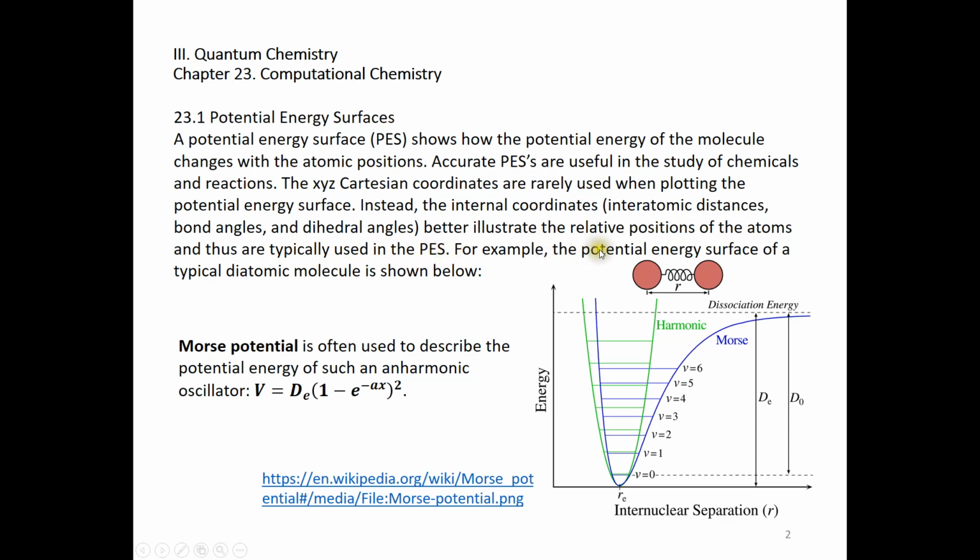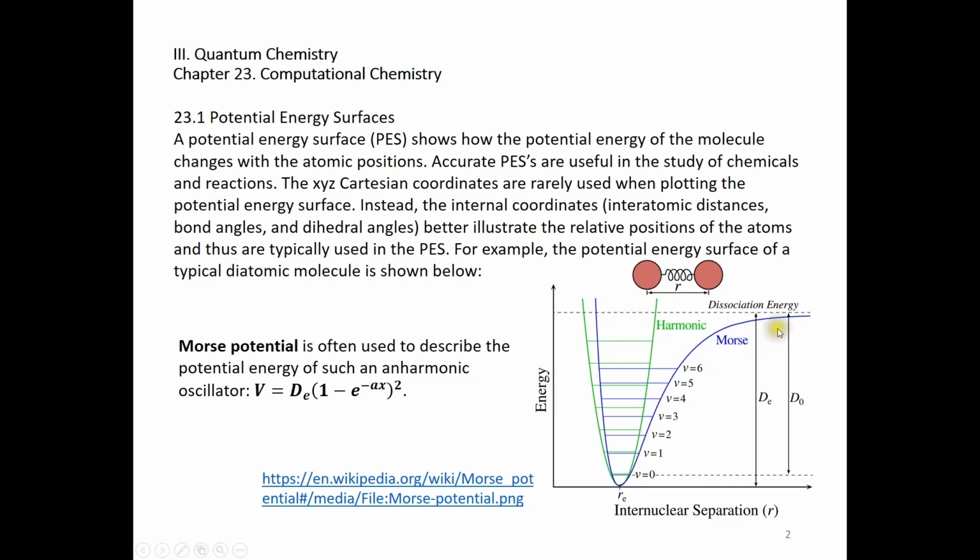For example, the potential energy surface of a typical diatomic molecule is shown here. The vertical axis is the potential energy. The horizontal axis is the distance between the two nuclei. And now we have two different potential energy surfaces in green and blue. The green one is assuming the harmonic oscillator model.